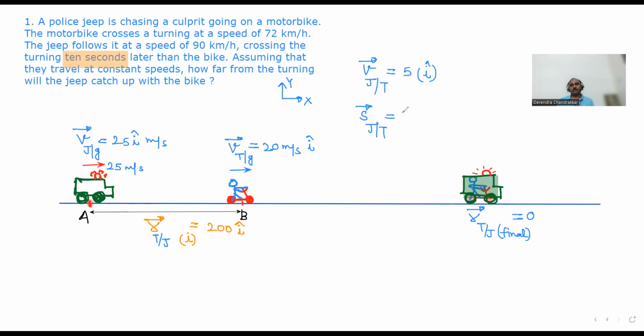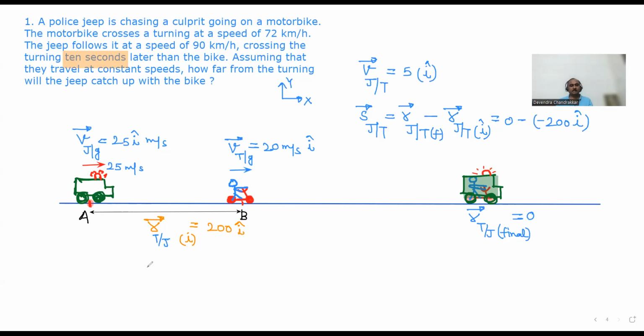Its final position of jeep with respect to thief, which is 0, minus initial position of jeep with respect to thief, so this is 0 minus 200 i cap.